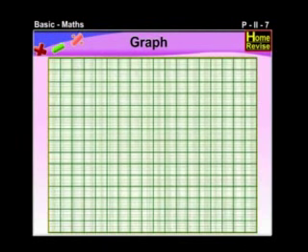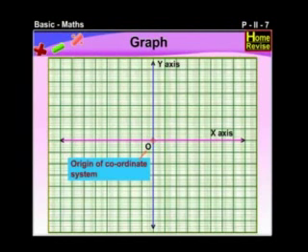Next important topic, graph. In the figure, the X line and Y line both intersect each other at point O at a right angle. The intersection point is point O. This point O is called the origin of the coordinate system. The x-axis is horizontal and the y-axis is vertical.